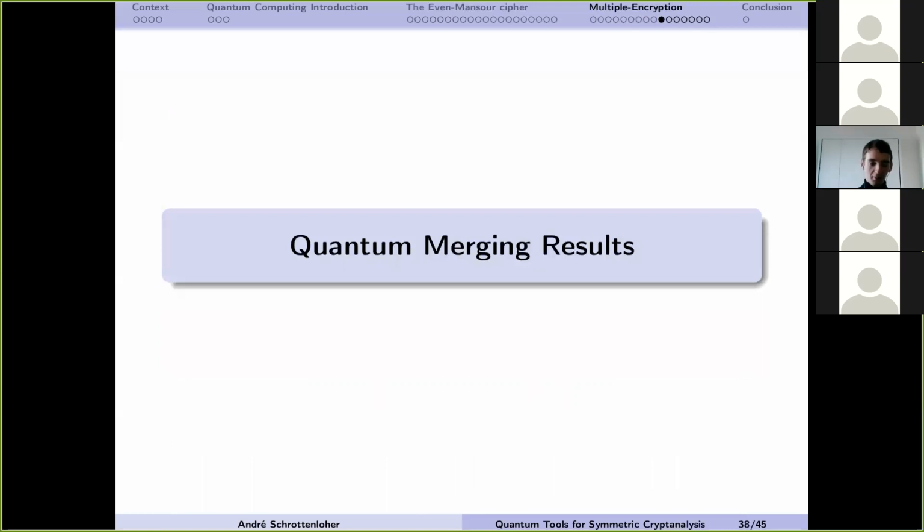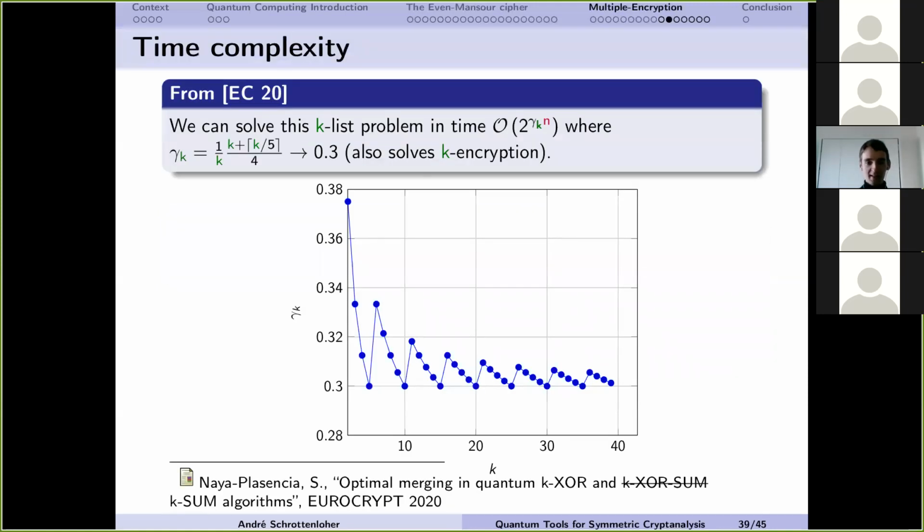There are a few results that we can obtain by using this technique. And I'm not going to enter the details, just giving results. And next time, the only specific algorithm that I'm going to present is actually the algorithm for 4 encryption that we're going to see.